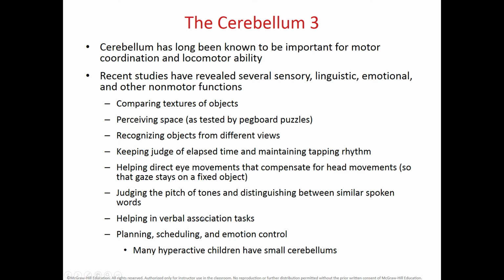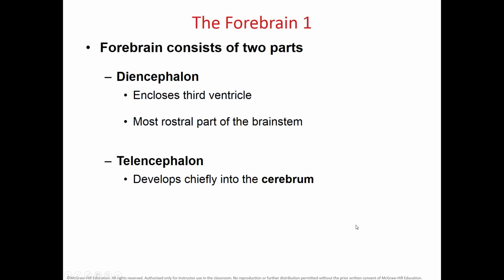And it also helps us to judge pitch of tones and distinguish between similar spoken words. And it helps us with verbal association tasks, planning, scheduling, and emotional control, as it seems like many hyperactive children have smaller cerebellums.